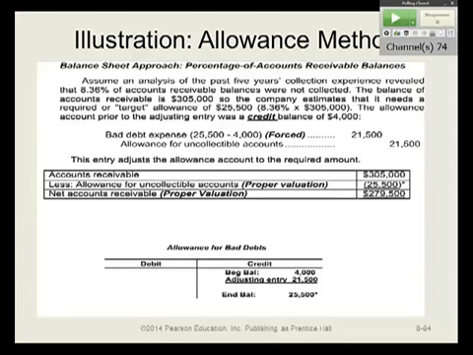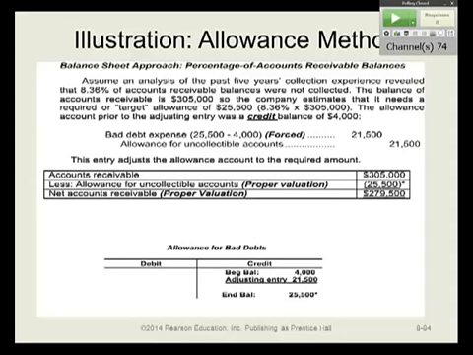Write-offs are a debit to the allowance and a credit to accounts receivable. Typically, you'd have a customer name here because you're going to have a subsidiary ledger. And when you write it off, notice what happens to the receivable. I'm going to put this up on the T accounts as well. So let's do a write-off. In a write-off, we're going to write off $25,000, and I'm going to bring this down as well.